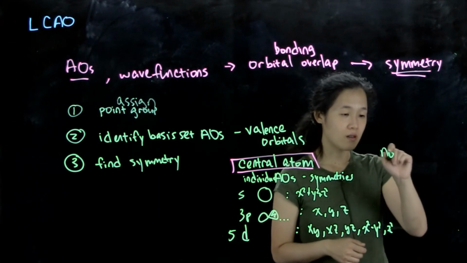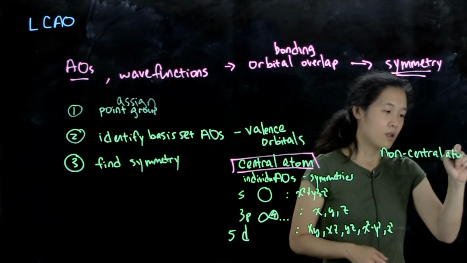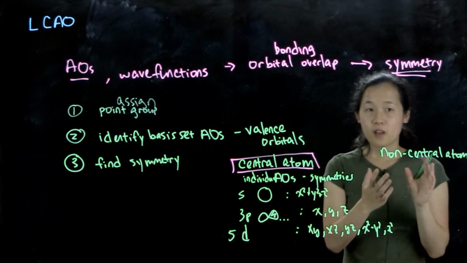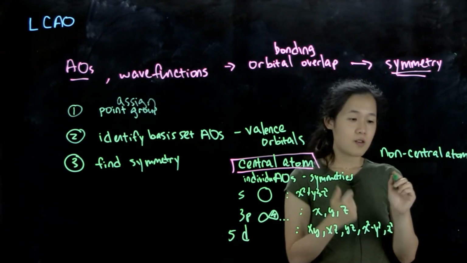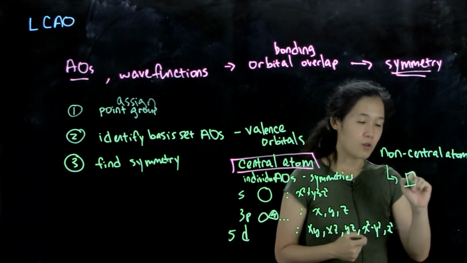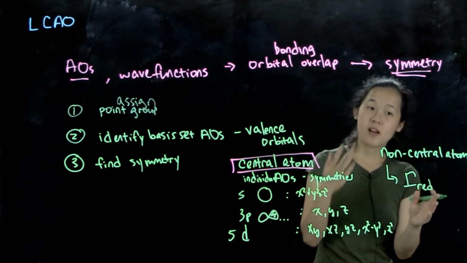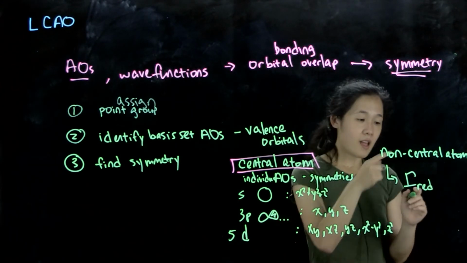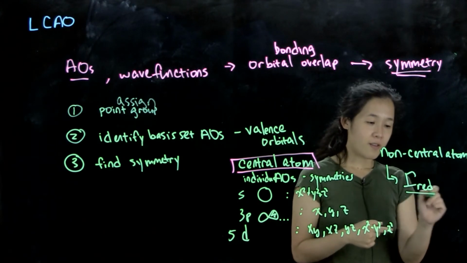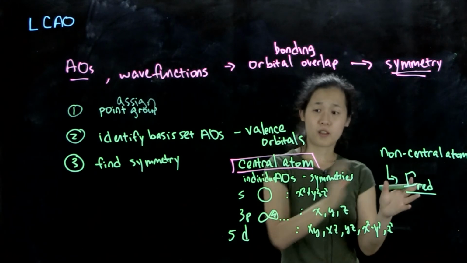For non-central atoms, we have to build up our linear combination of atomic orbitals using symmetry adapted linear combinations, just like we did for vibrations. So we want to find a gamma reducible. These are for atomic orbitals within the molecule that are related by symmetry, and then we can reduce it down to find the symmetry of these groups of atomic orbitals that can form linear combinations.